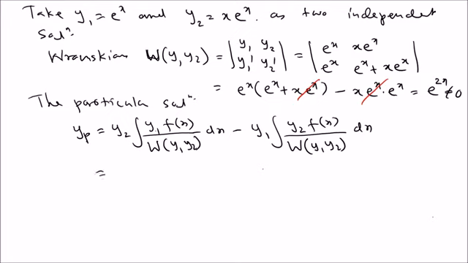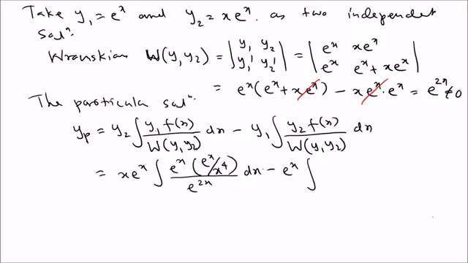You're going to get x e^x, that's y2, times the integral of e^x times e^x over x^4 over the Wronskian e^(2x) dx, minus y1, that is e^x, times the integral of x e^x times e^x over x^4 over e^(2x) dx. You can see there are a lot of cancellations going on. This cancels with that, and the same thing happens on the other side.